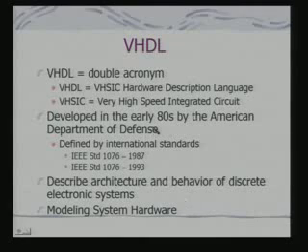UML is at the top level modeling tool. Then you have SystemC, which is both a software and hardware specification. Now I am referring to VHDL, which is a purely hardware description language. So it describes architecture and behavior of discrete electronic systems, and is primarily used for modeling system hardware.